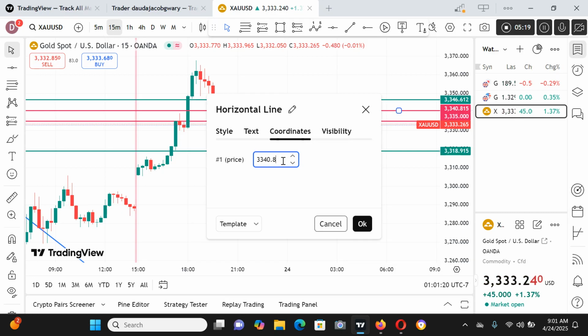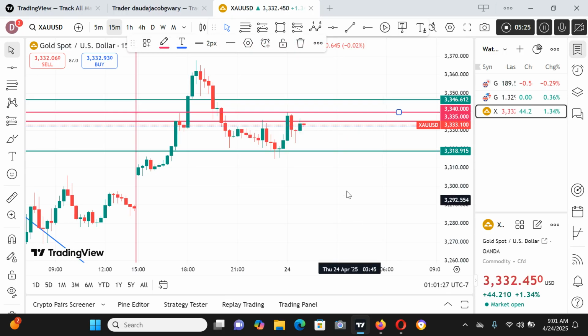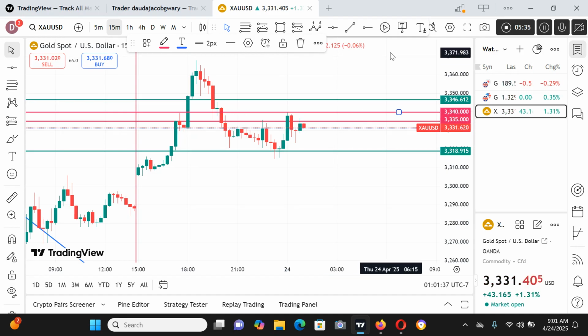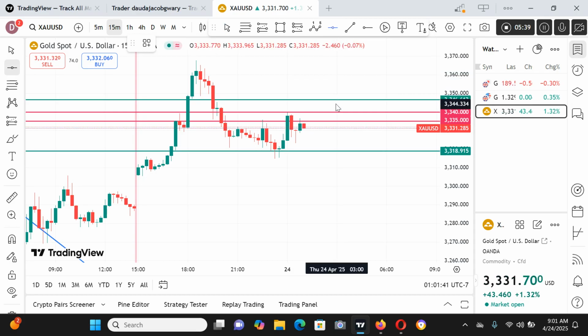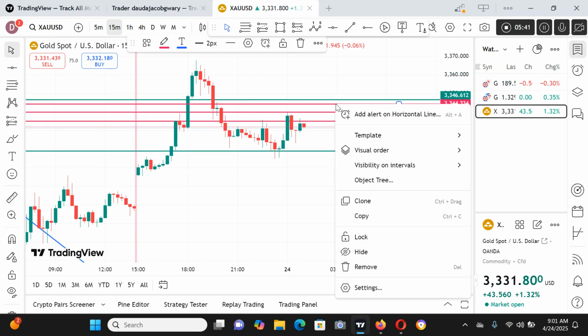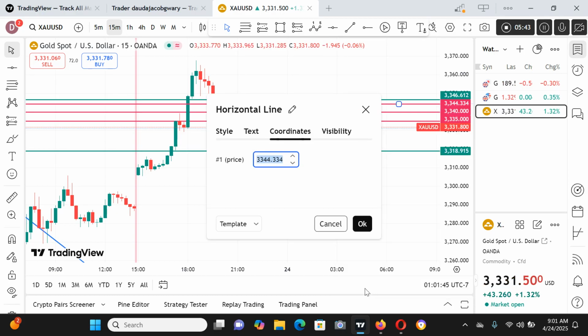We eliminate these numbers and put our 000. Then we place our psychological level. The first one was 35, the next one was 3340, then the next one is 3345. So we'll be adding 50 pips each time. That's how to draw psychological levels on the board.